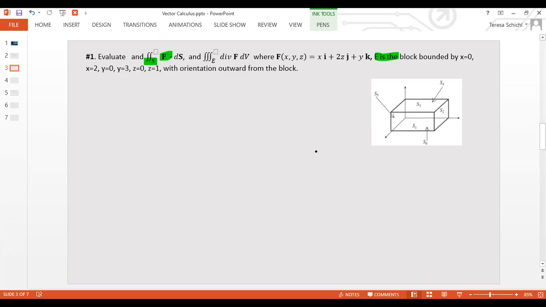It's just like, if you still remember the Stokes theorem, we did an example like this.